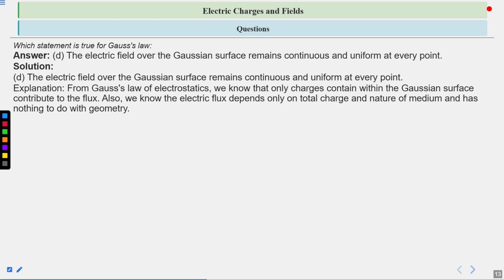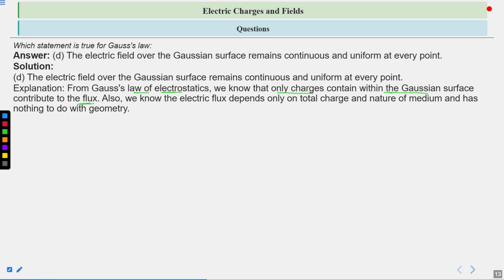From Gauss's law of electrostatics, we know that only charges contained within the Gaussian surface contribute to flux, where the Gauss law is phi equal to Q enclosed divided by epsilon naught, means total charge enclosed by the closed surface divided by epsilon naught. So according to Gauss theorem, only enclosed charges are responsible for the flux.